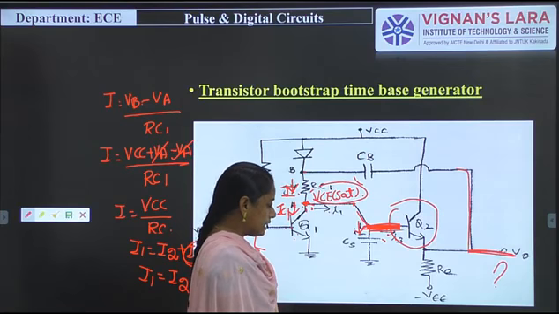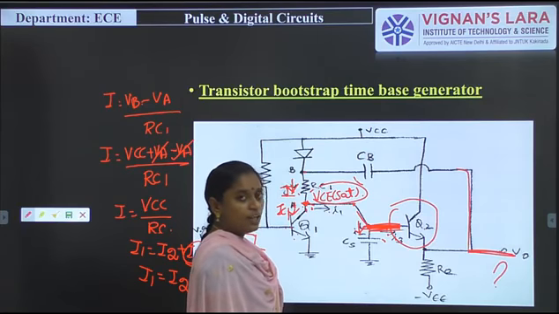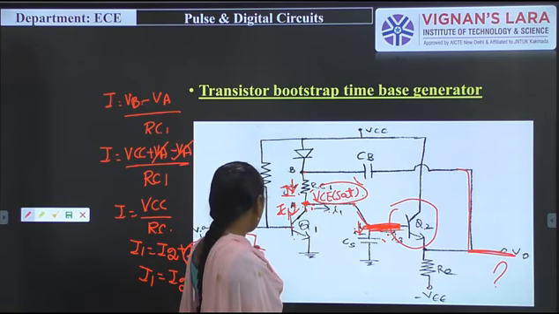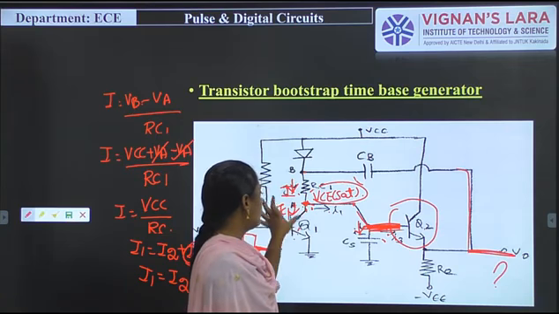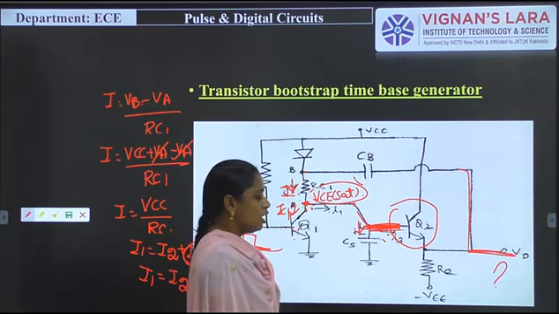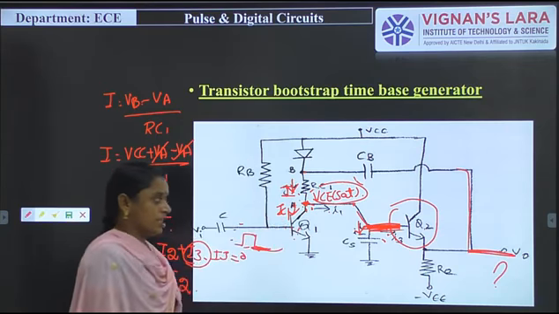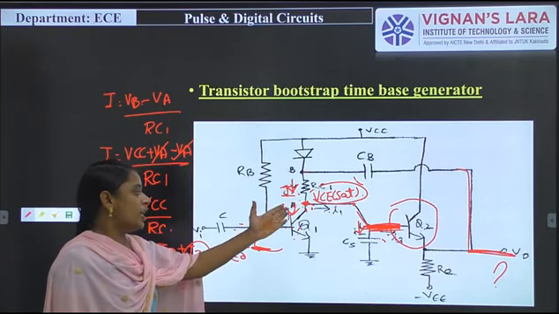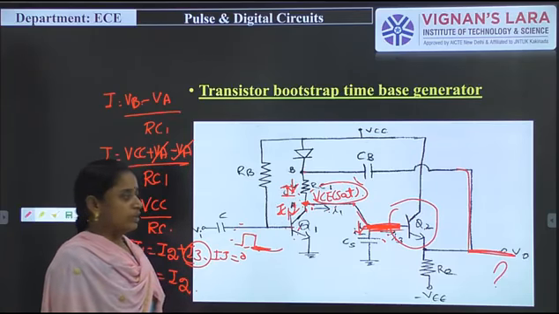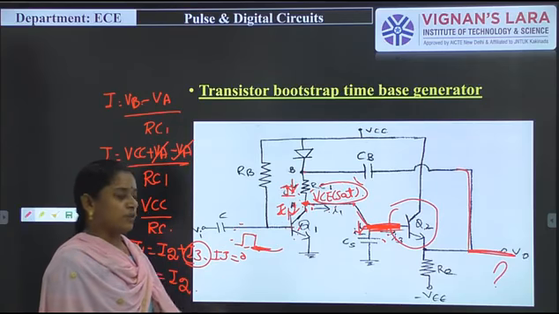In that particular time the voltage will be 0.4 volts, and when a negative signal is applied to the transistor Q1, then VA becomes VCC. So VA plus VB sat is equal to VA minus VB sat is equal to V0.